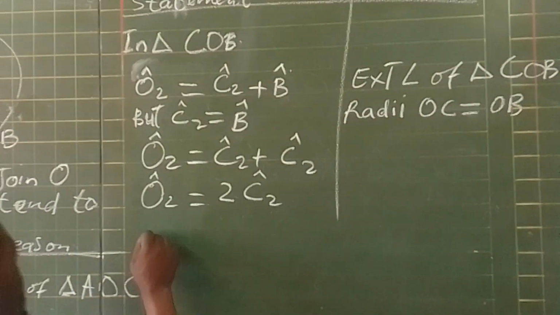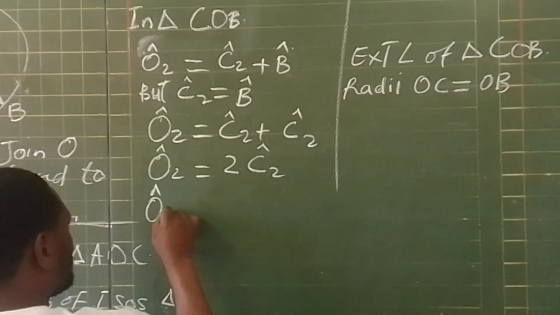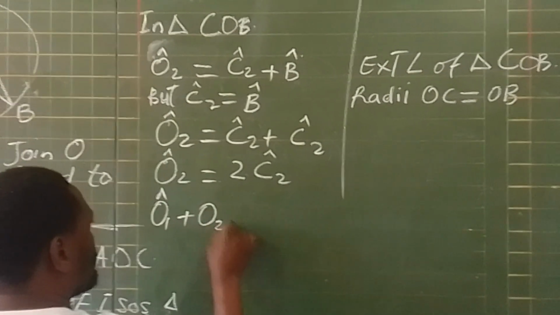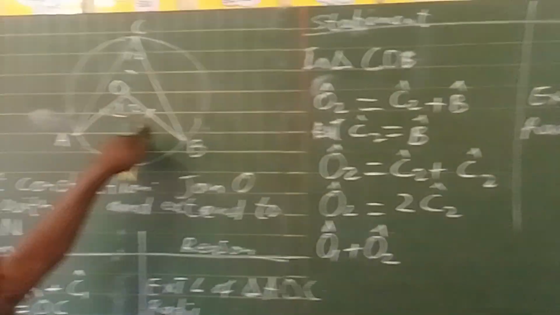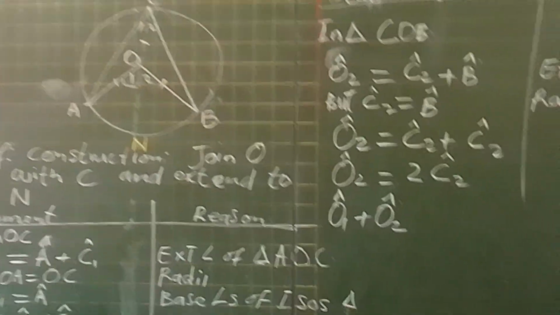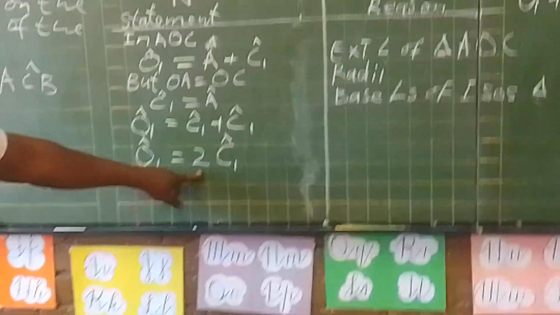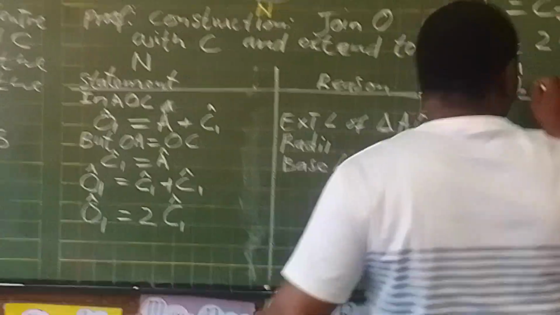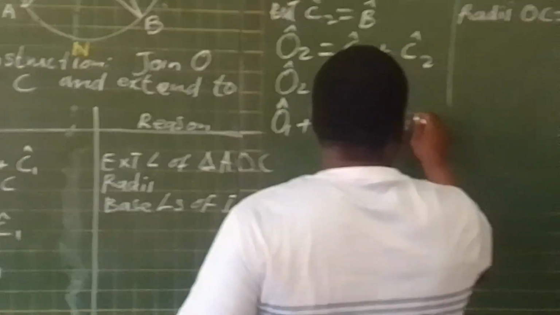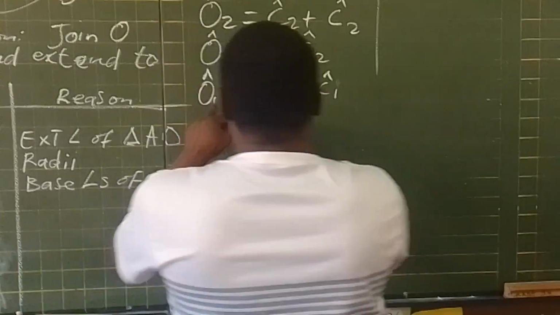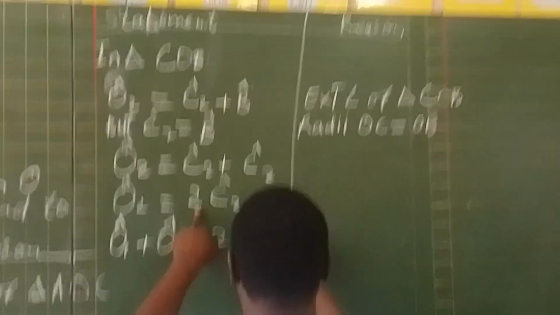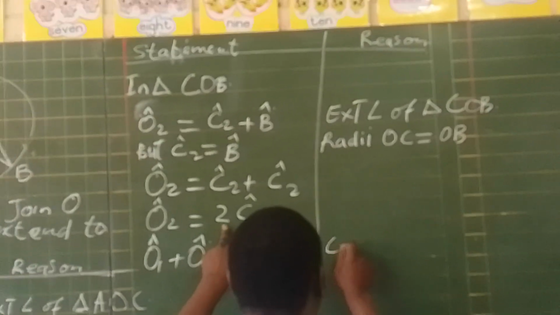Now we can say O1 plus O2. Our O1 we have calculated to be equal to 2C1, and O2 is 2C2.